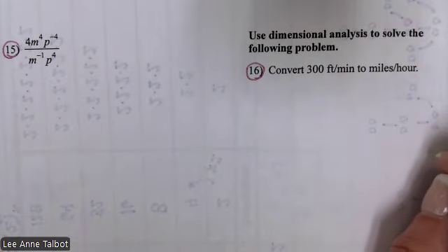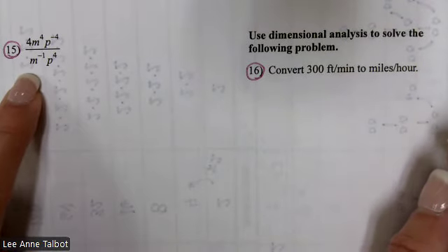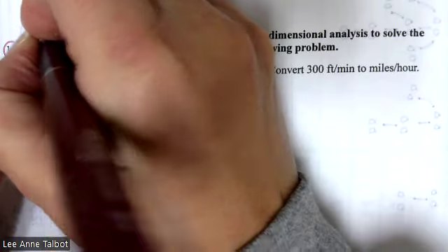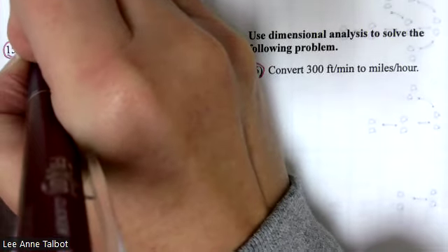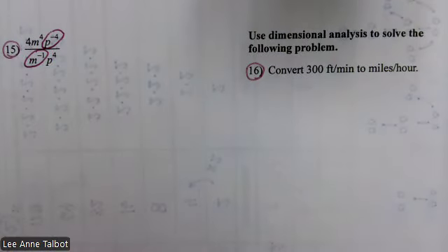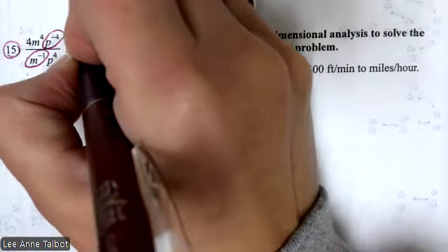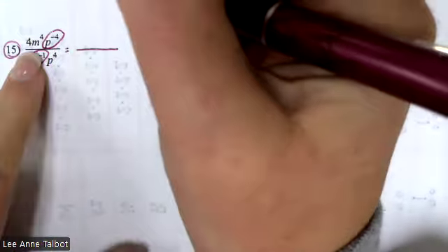Number 15. The first thing I'm going to do in number 15 is come in and circle anything that has a negative exponent. Okay.